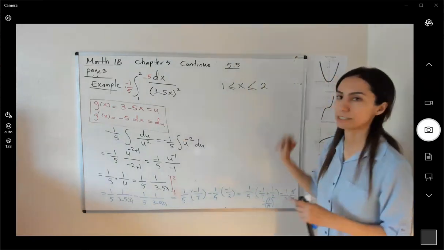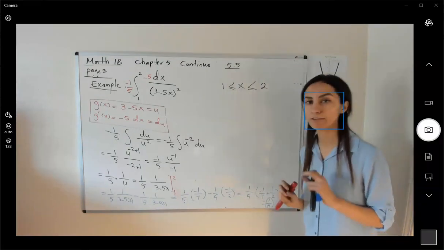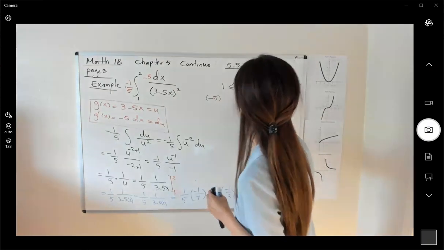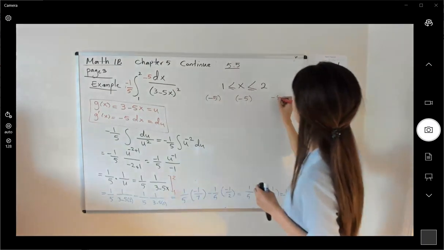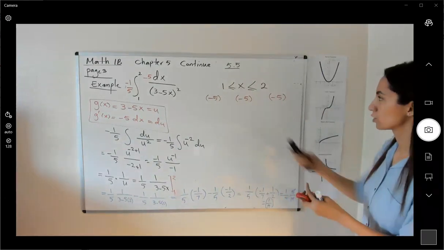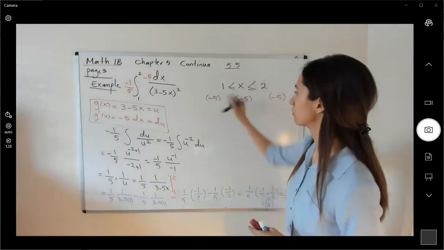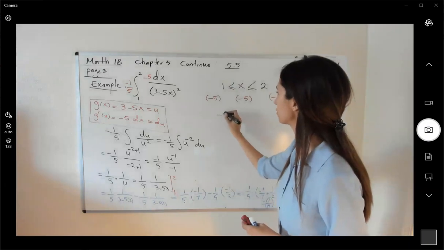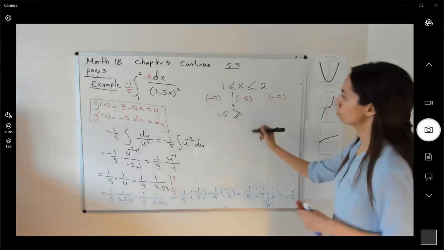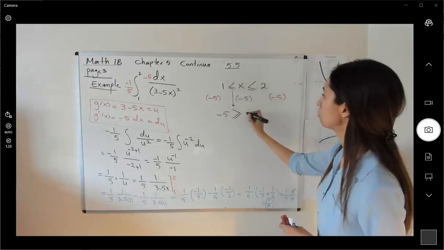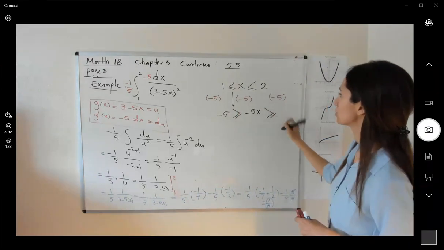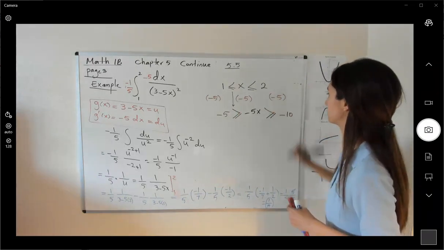When you multiply an inequality by a negative number, you have to flip the inequality. So now you have negative 5 times 1, which is minus 5. You have to flip the inequality. Now it is negative 5 less than or equal to negative 5x, greater than or equal to negative 10.